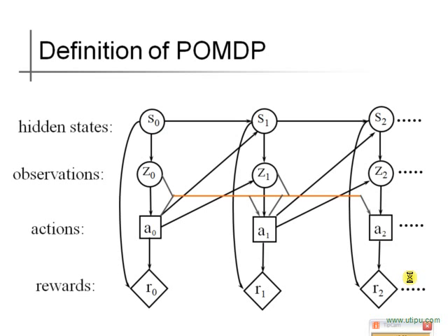Now, given that, what do I need to do to this observation model so that it will become an MDP? Think about it this way: suppose k equals n. That means there are exactly as many observations as there are states. And then P of Zk given Si is equal to 1 if i equals k, 0 else.